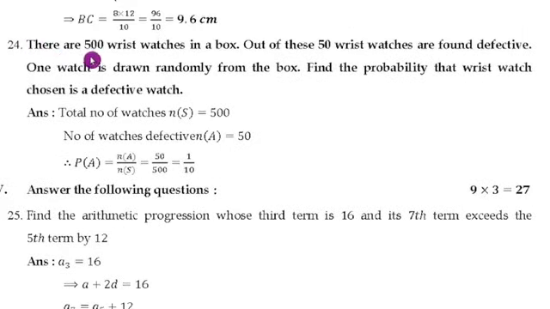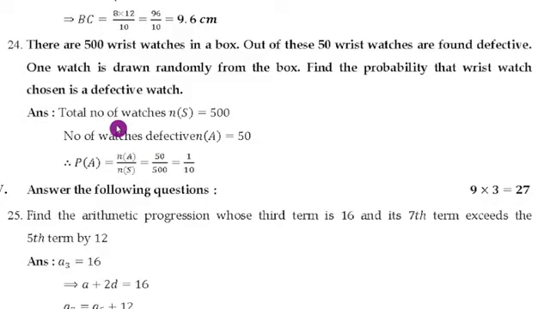24th question, there are 500 wrist watches in a box. Out of these, 50 wrist watches are found defective. One watch is drawn randomly from the box. Find the probability that the wrist watch chosen is a defective watch. Read the question, children. There are totally 500 wristwatches there.